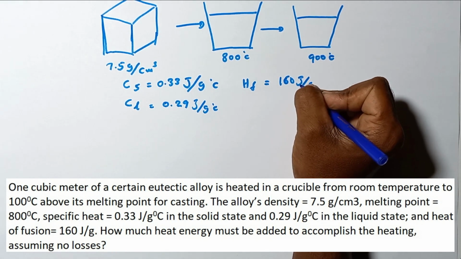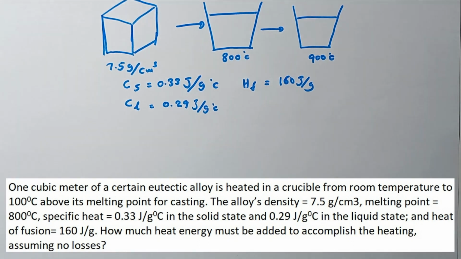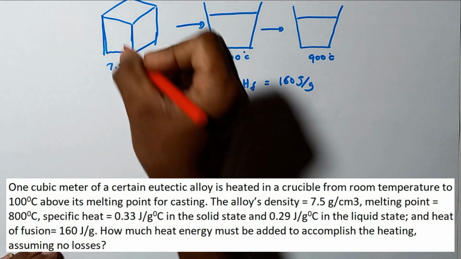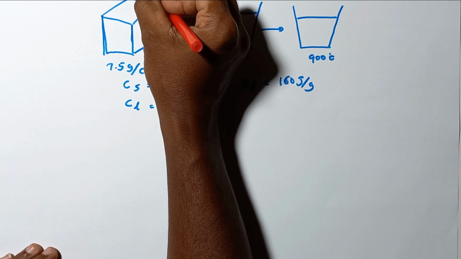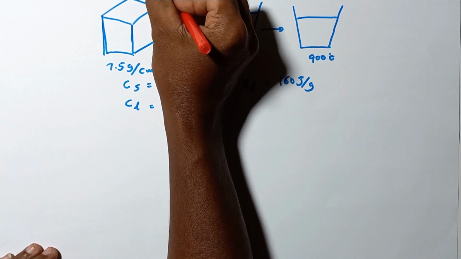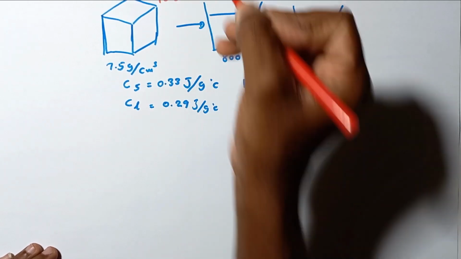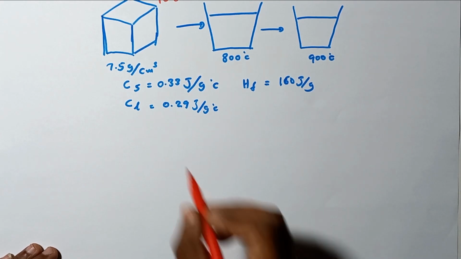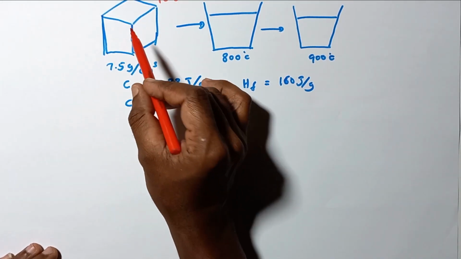How much heat energy must be added to accomplish the heating? Assume no losses. So the total volume in cubic centimeters is equal to 10 to the power of 6 cubic centimeters.